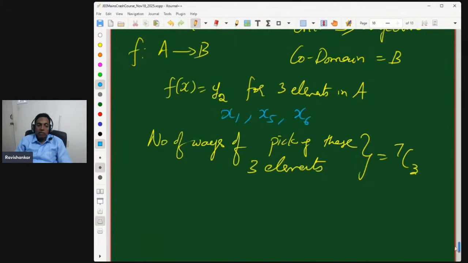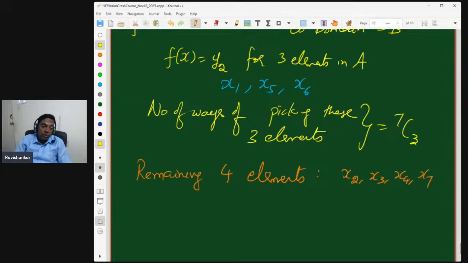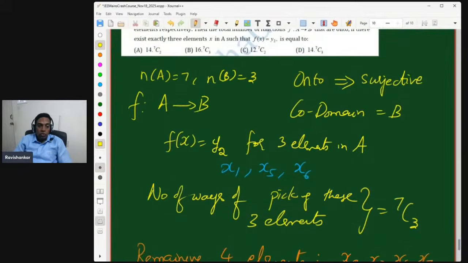Now, the remaining 4 elements are x2, x3, x4, x7. These have to be mapped to, okay, y2 is already done.